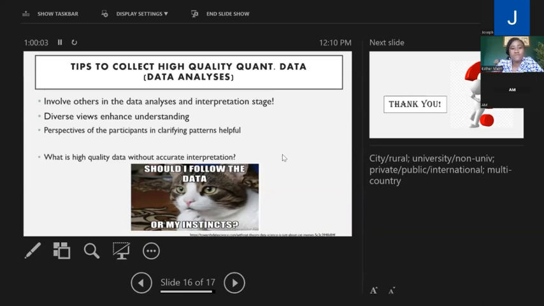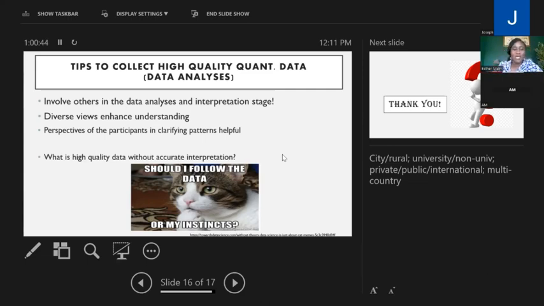So we need to also involve people during the analysis and interpretation stage, because typically when you have multiple people working on one's research and analysis, it's amazing how much stronger, and maybe I should say purer, the responses end up becoming, because you have multiple views that help center and ensure that it's not only your perception that you're using to interpret the data, because we all interpret information based on our glasses, right?